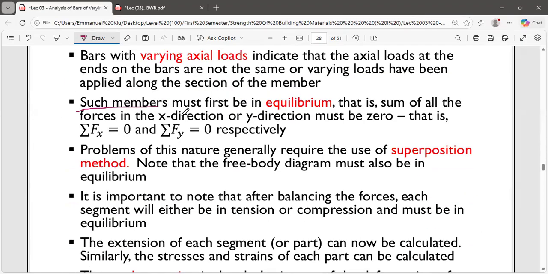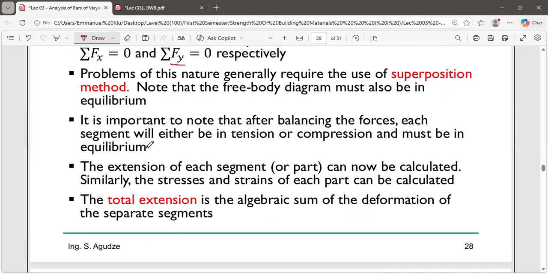Take note that such members must first be in equilibrium. That is, the sum of all the forces in the direction x or y must be zero. That is, the sum of Fx is equal to 0 and the sum of Fy is also equal to 0 respectively.